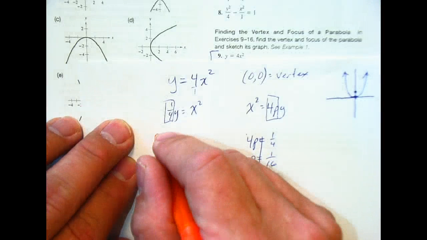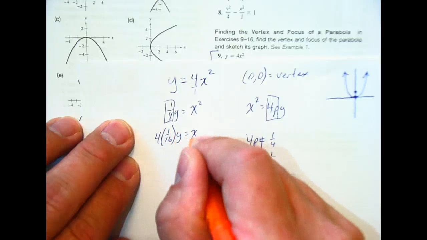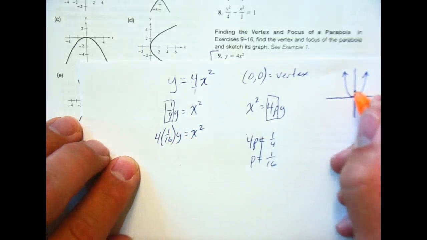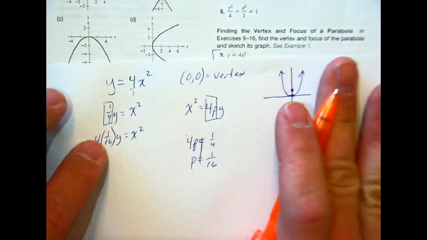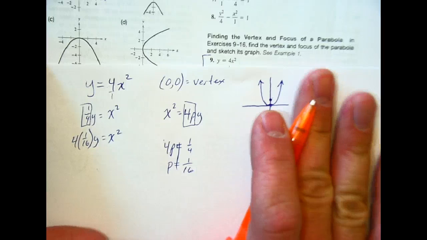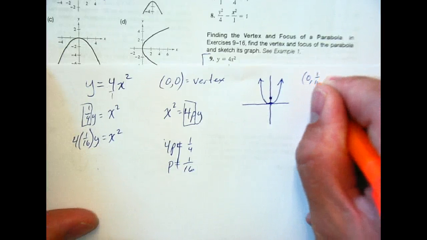So we can rewrite that as 4 times 1/16 y equals x squared. The 1/16 tells us that point right there. So what are the coordinates of the focus? 0, 1/16. Good. The focus is 0, 1/16.